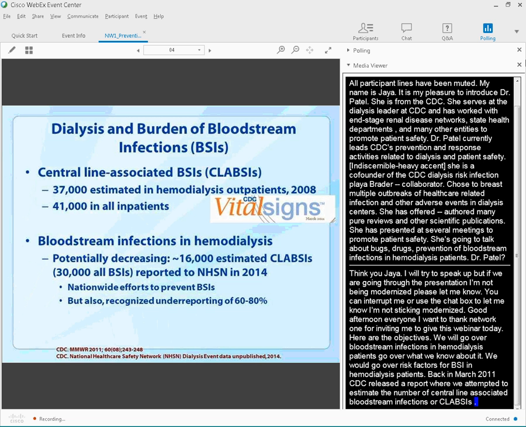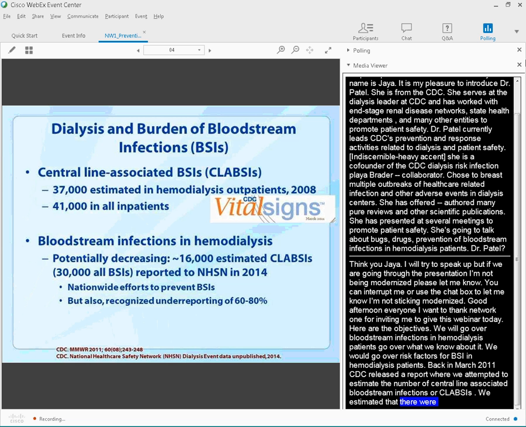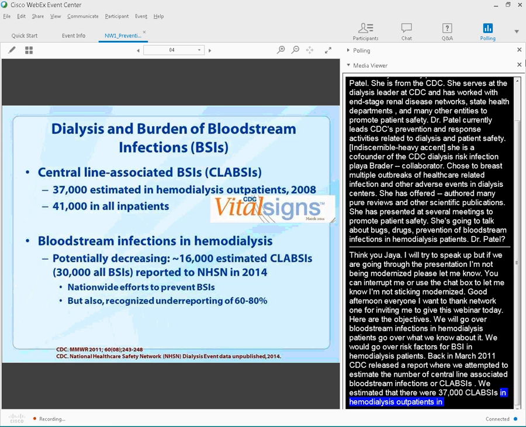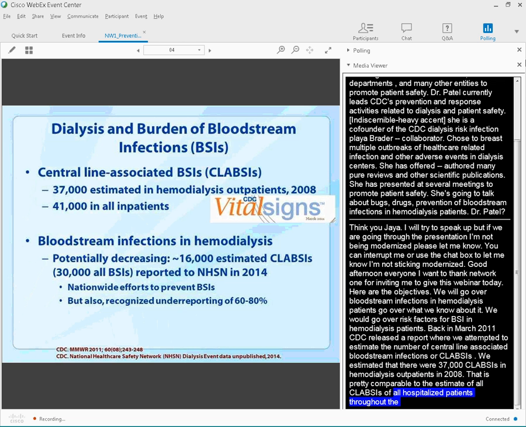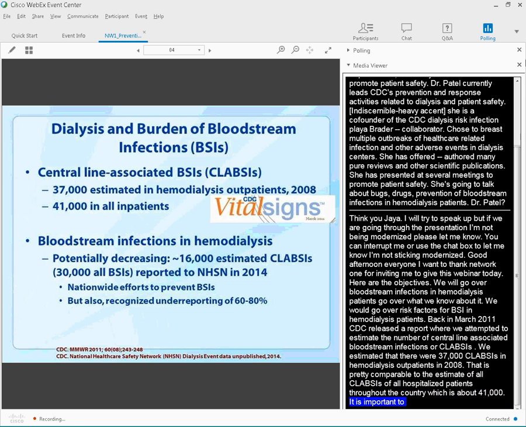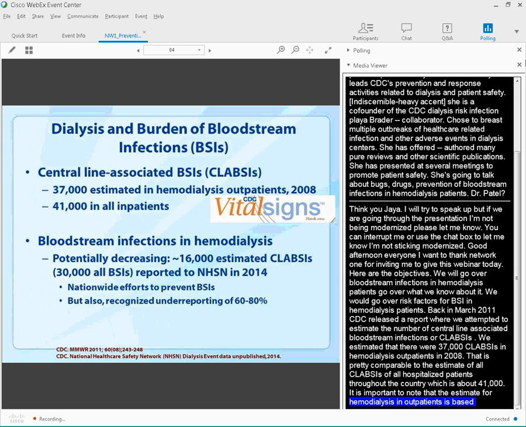And that number is pretty comparable to the estimate of all CLABSIs in all hospitalized inpatients throughout the country, which is about 41,000. Now, it's important to note that the estimate here for hemodialysis outpatients is based on very limited data. So, we had a range around this. It's hard to know exactly how many central line associated bloodstream infections occurred in 2008, but that was sort of our best guess.